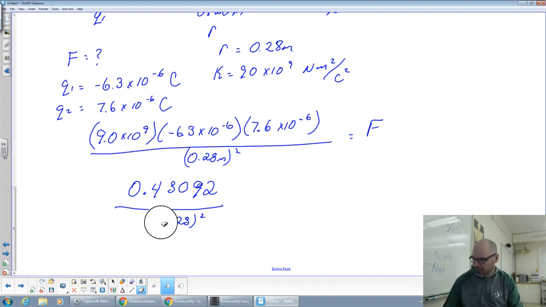Which I should work out. Let's work that one out. Okay, 0.28 squared is 0.0784. Okay, and we're going to be left with newtons when we divide this out.